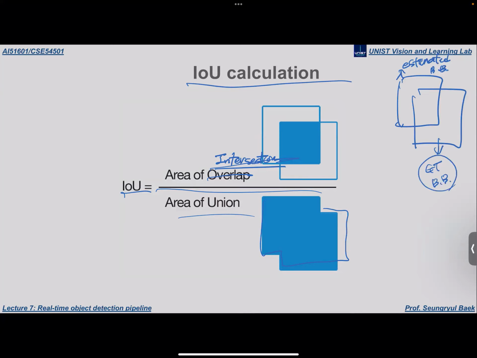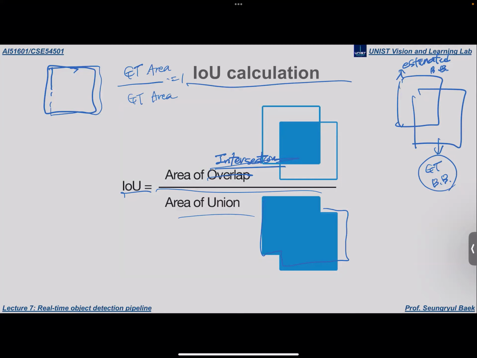If the estimation is accurate, it has to be exactly the same as the ground truth. So this is the ideal case. Their union is just the ground truth area, and their intersection is also the ground truth area. So in the ideal case, the intersection over union becomes one.